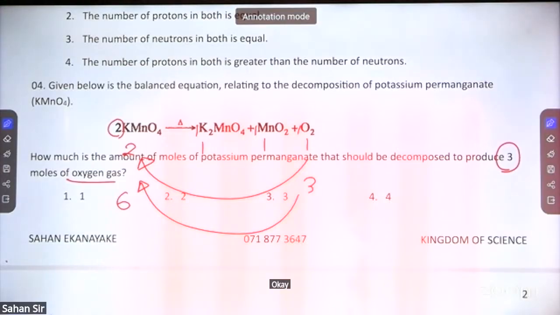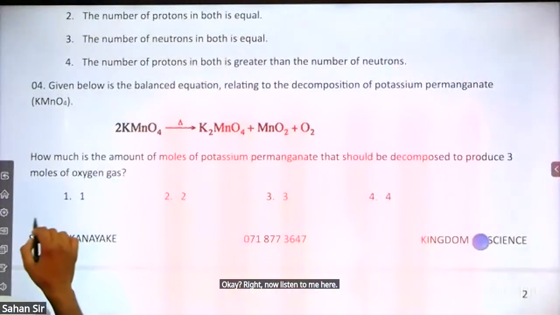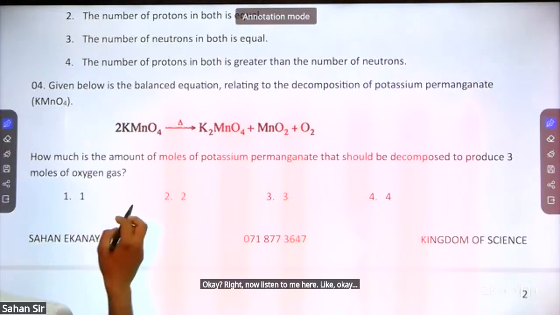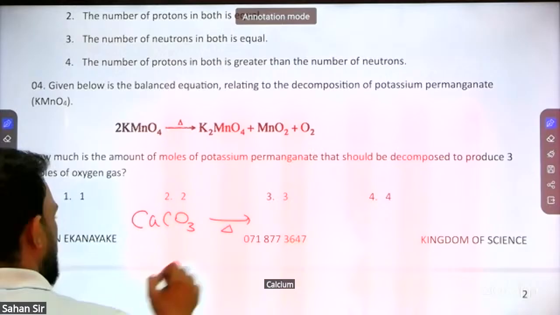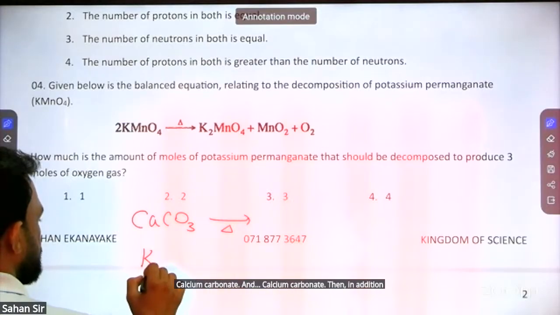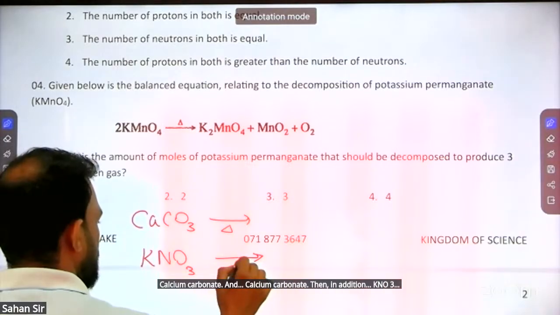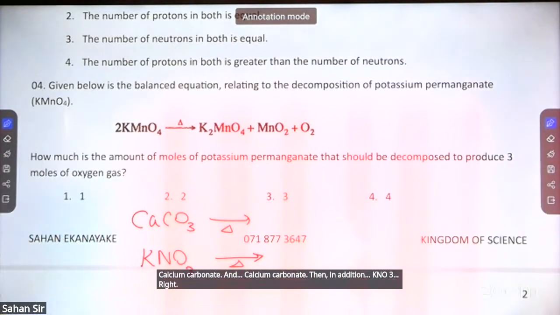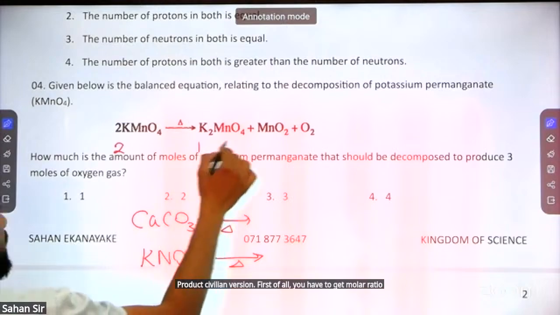Now listen to me here. What are the products? Calcium carbonate and, in addition, KNO3. Roshan, first of all, you have to get the molar ratio, 2, 1, 1, 1.